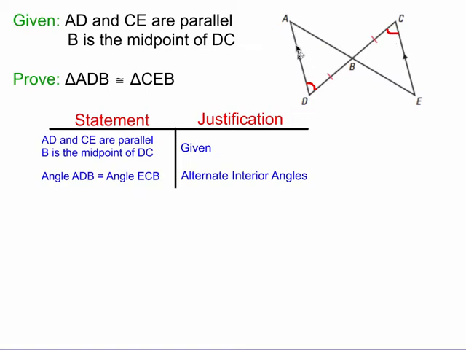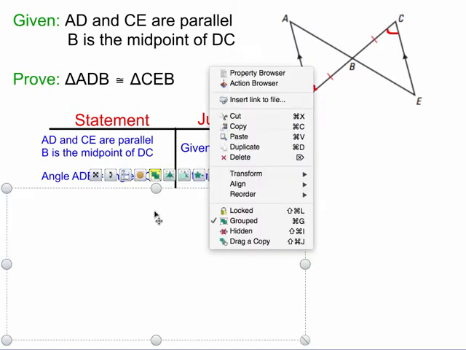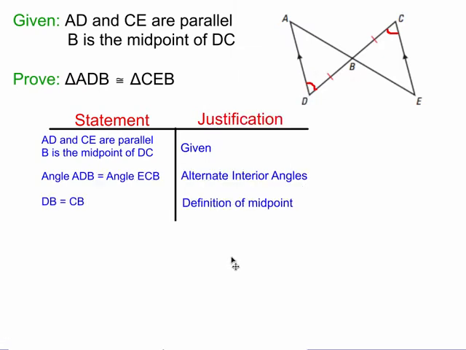So I could say that this angle, ADB, equals this angle, ECB. Because we know B is the midpoint of DC, we know by definition that DB is equal to CB.